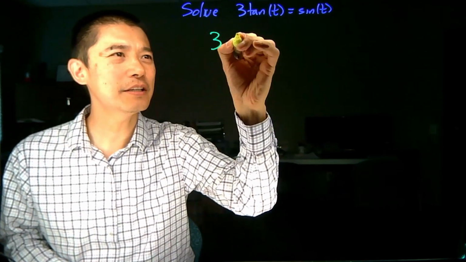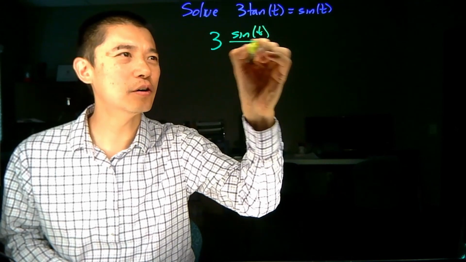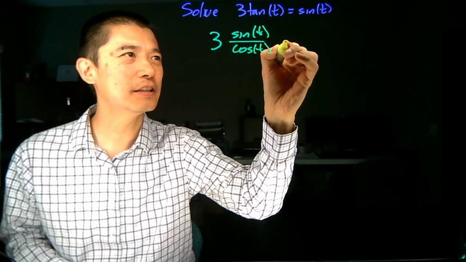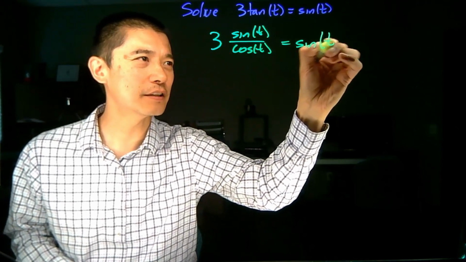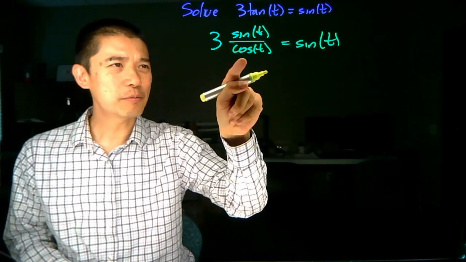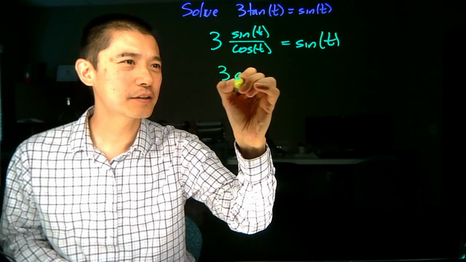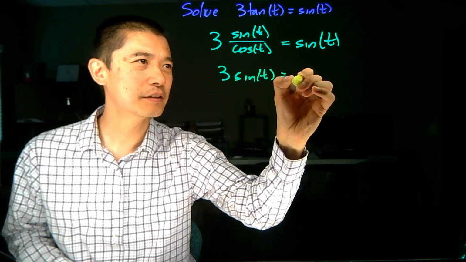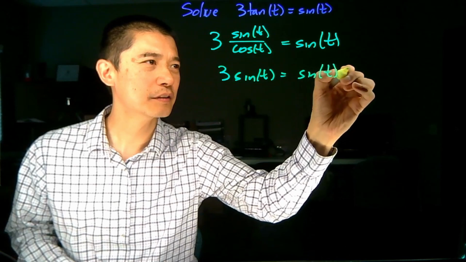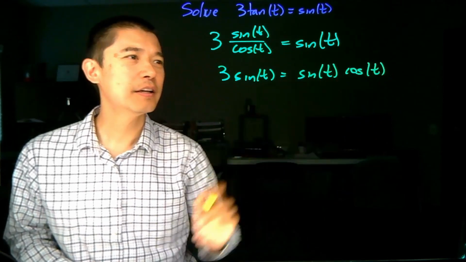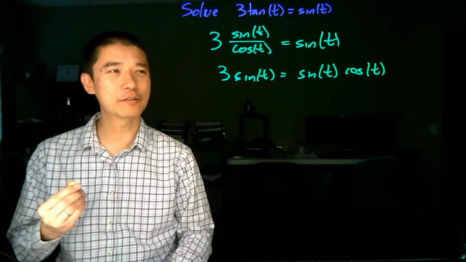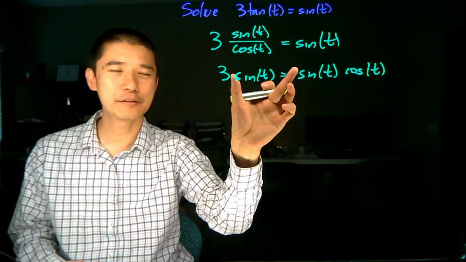So 3 sine of t over cosine of t equals sine of t. Well, we have a fraction, so we might as well clear the denominator and multiply both sides by cosine of t. And here's a place where, again, students can run into problems. Don't divide by functions.